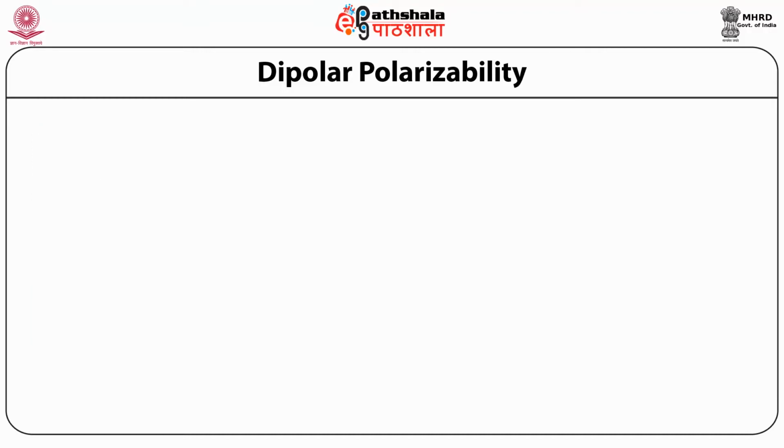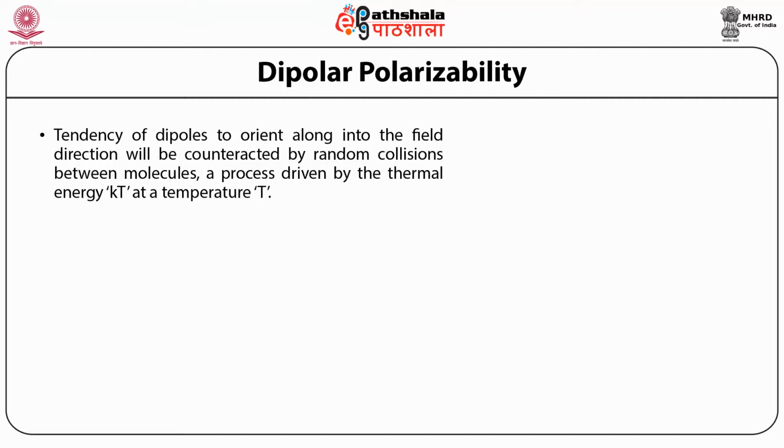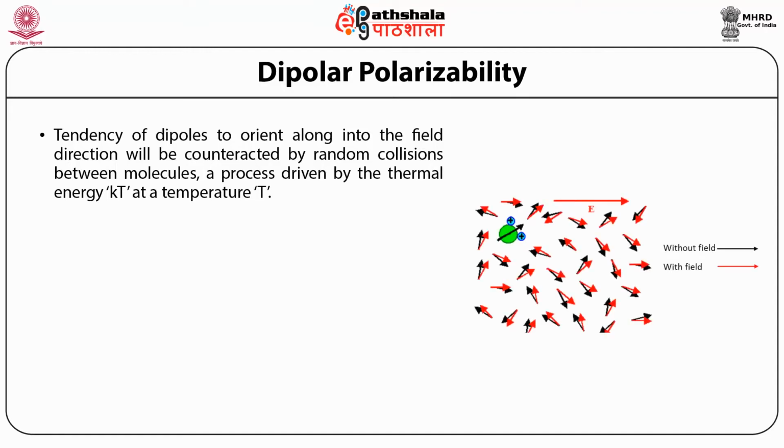In reality, the tendency of dipoles to orient along the field direction will be counteracted by random collisions between the molecules, a process driven by the thermal energy, that is kT, at a temperature T. Moreover, the dipole-containing molecules move around at all times due to thermal energy and the associated entropy.